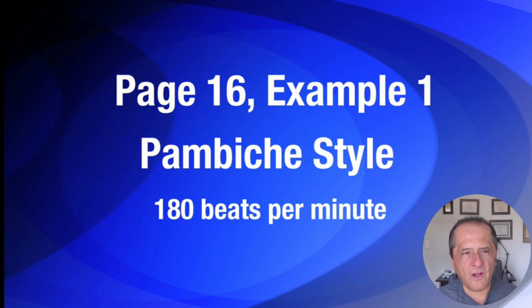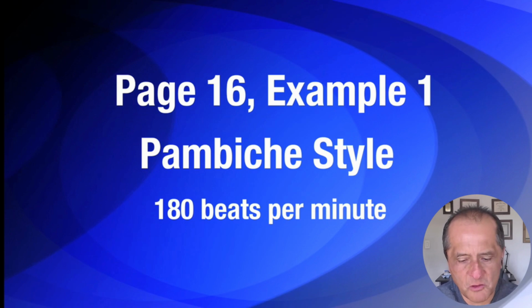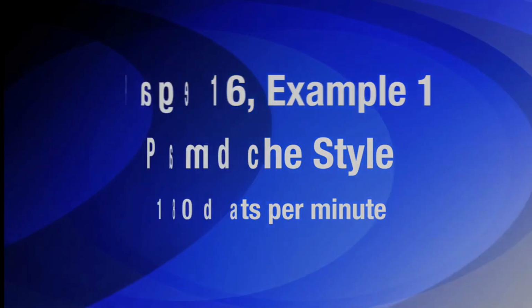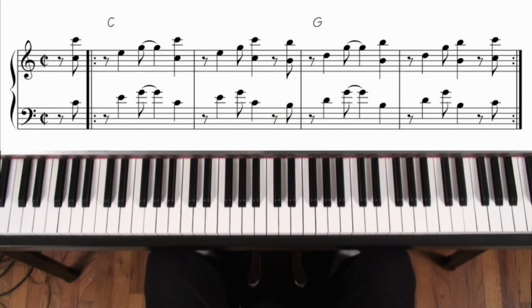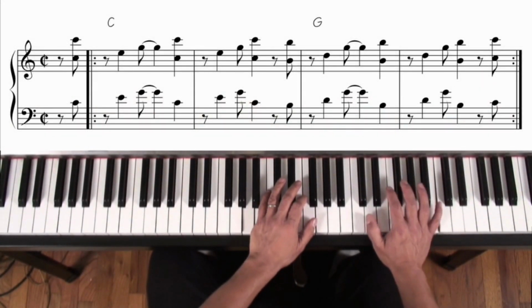Okay, so now we're going to take the tempo down, 180 beats per minute, so we can get more used to this pattern. Here we go. 1, 2, 1, 2.